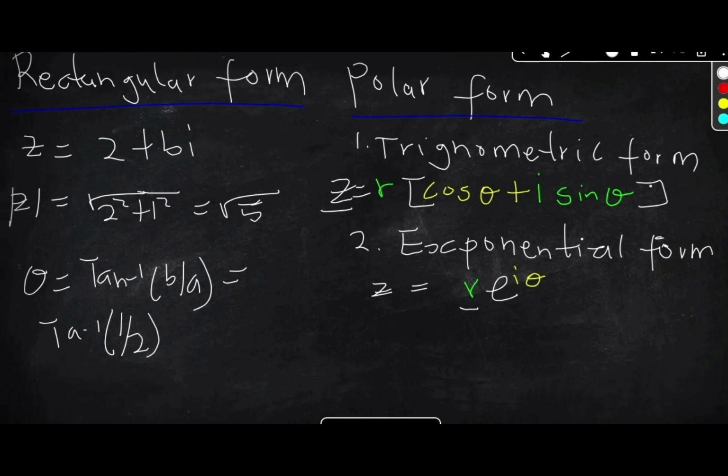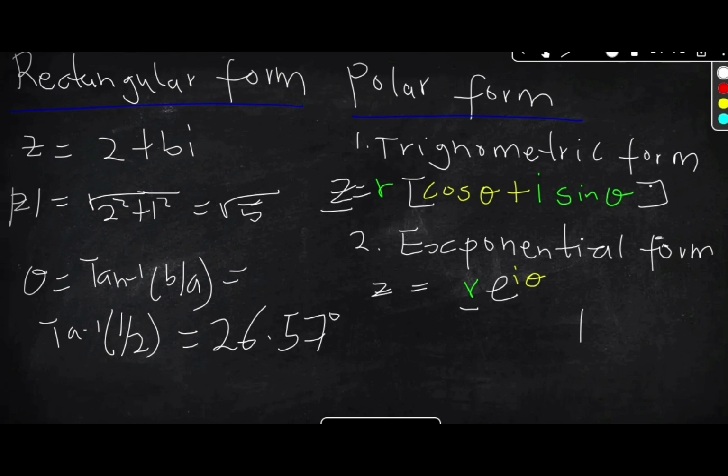The tan inverse of 1 over 2 gives a value of approximately 26.57 degrees.